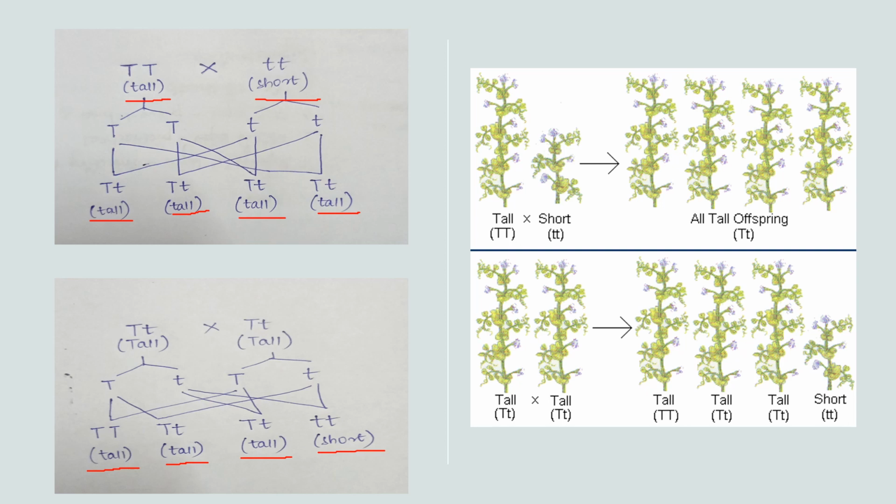Whereas genotypic ratio is 1 is to 2 is to 1 because there is a plant with capital T and capital T, and there are 2 plants with capital T and small t, and there is 1 plant with small t and small t. Hence the genotypic ratio is 1 is to 2 is to 1.